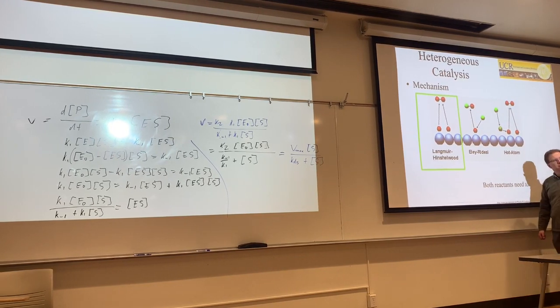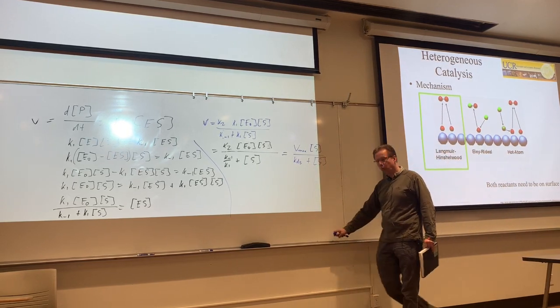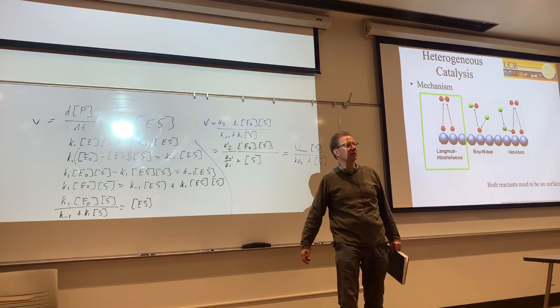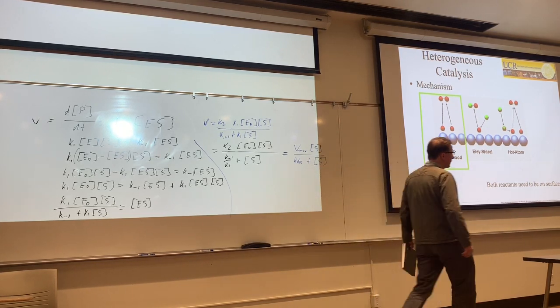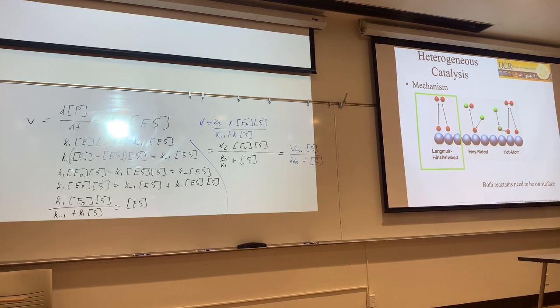Now, another way of looking at catalysts, or another important part where catalysts are used, is in heterogeneous catalysis, when I put something in a different phase into a reaction in order to speed up that reaction.